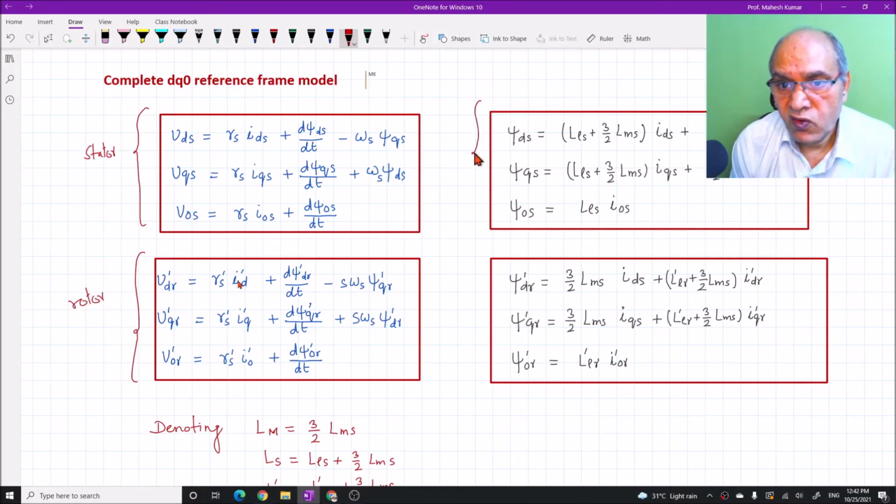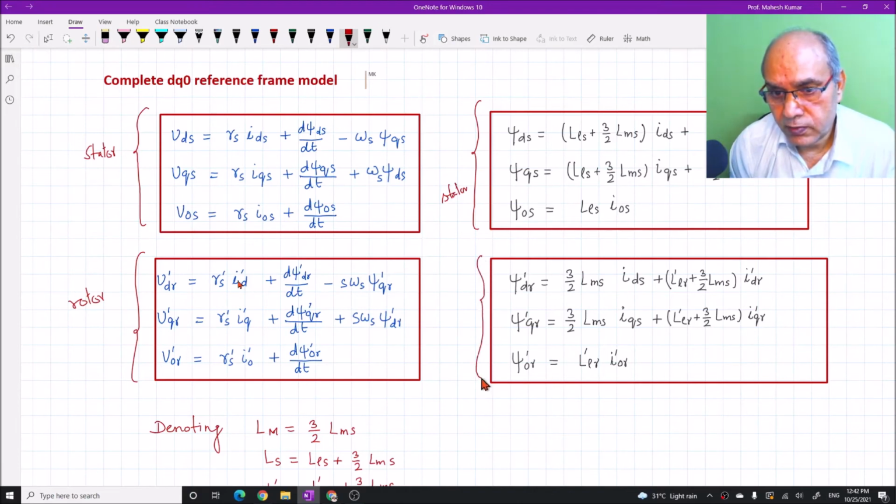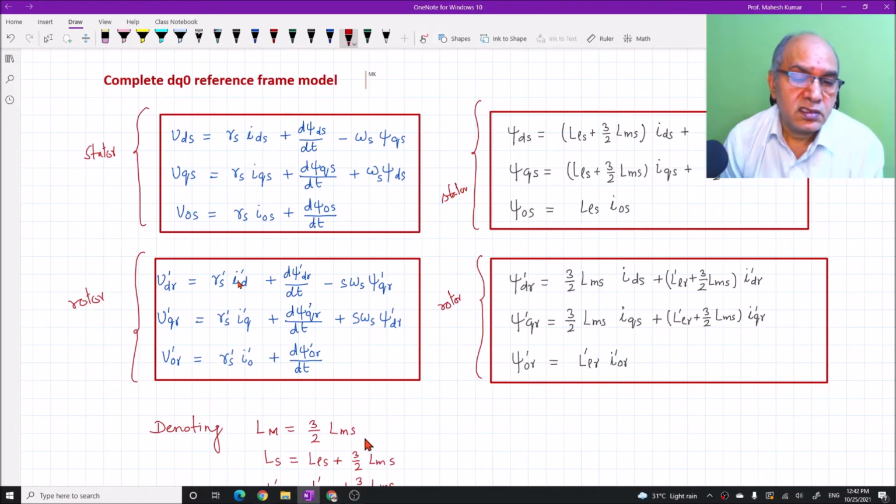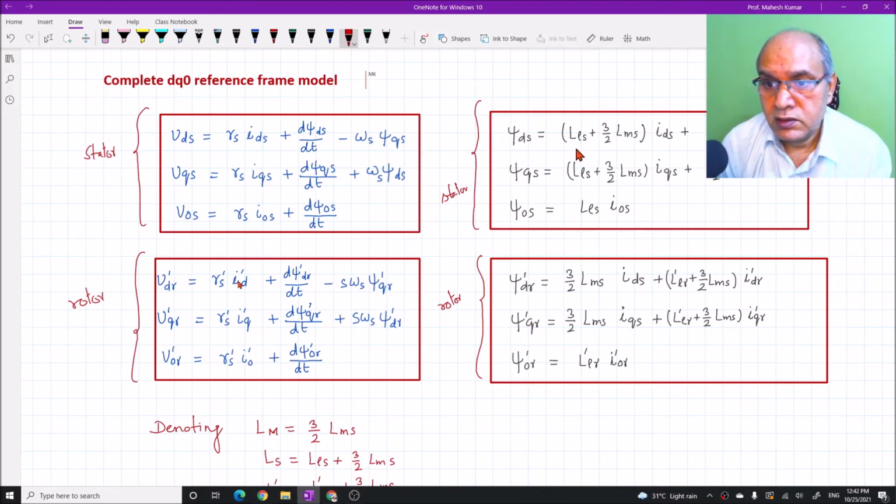These are the flux linkages on the stator side, and these are the flux linkages on the rotor side. There are a total of 12 equations: 3 for voltages on the stator side, 3 for the rotor side, and then 3 for flux linkages on the stator side and another 3 for the rotor side.